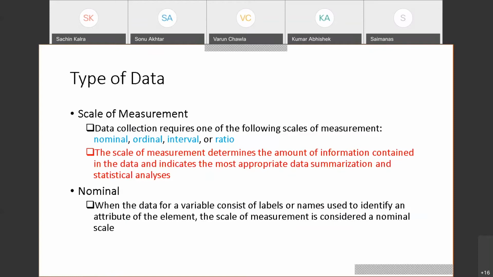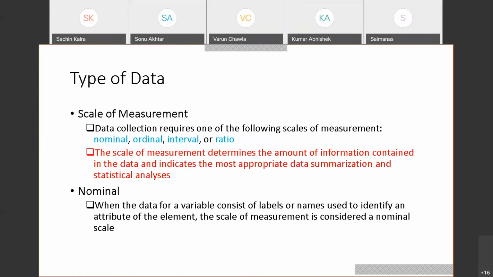The scale of measurement actually determines the amount of information. Please follow me here. The scale of measurement determines the amount of information contained in the data and indicates the most appropriate data summarization and statistical analysis. So basically, the scale decides what kind of data analysis is going to be applied on this kind of data, right?